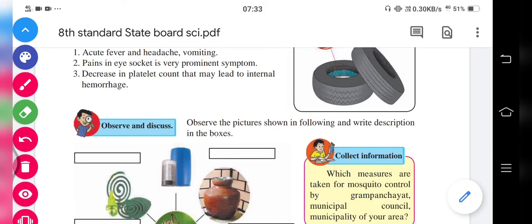If platelets decrease, your body's immunity is less, and you can be infected by very harmful diseases. So it is important for us to maintain our platelet count.